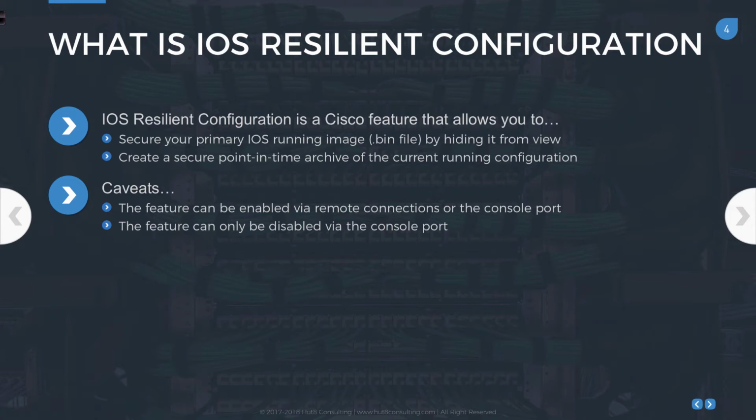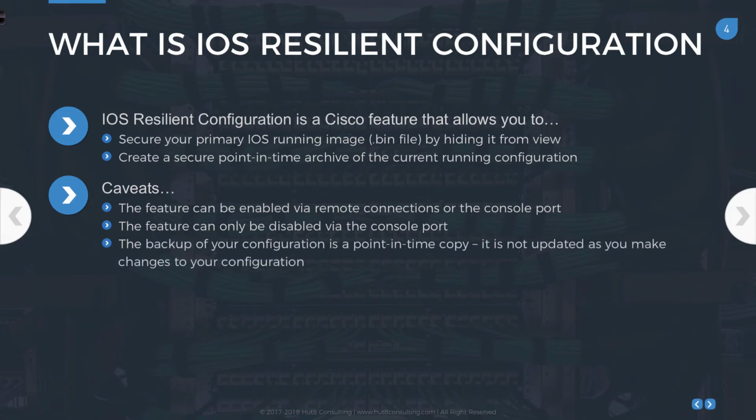We'll see what happens when you try to disable it via a telnet session, or I should say a VTY line that was spawned from a telnet session. Now, the backup configuration, as I said earlier, it is only a point-in-time copy.